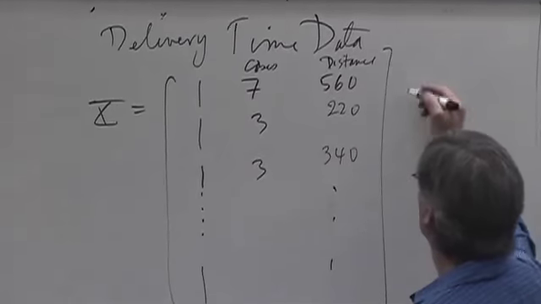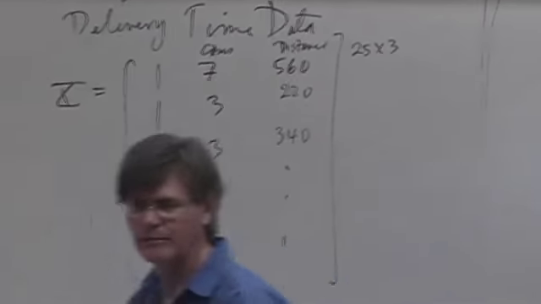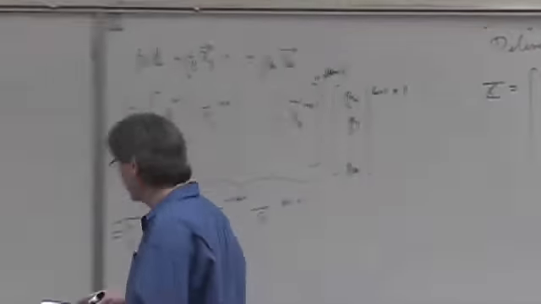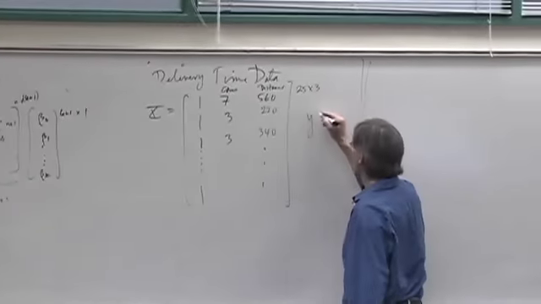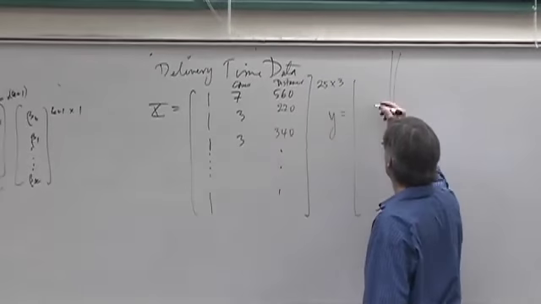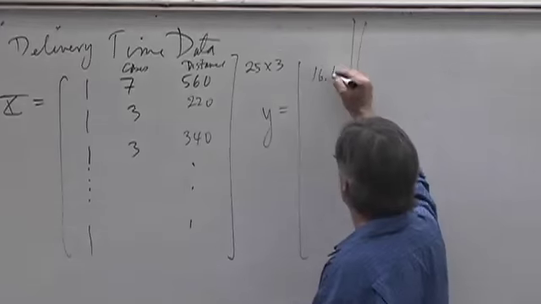So this was 25 by 3. And then the y was the delivery times in minutes.